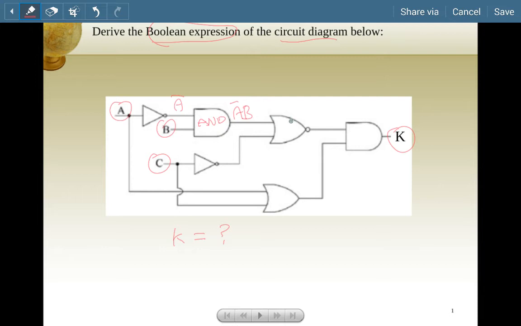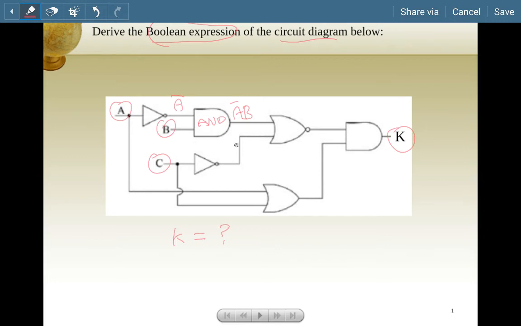Now let's transform ourselves again through this gate. But before you can transform yourself, you realize that you cannot, because there is nothing here at the input. You could not do the transformation process, so you must trace back to see where the input is coming from.